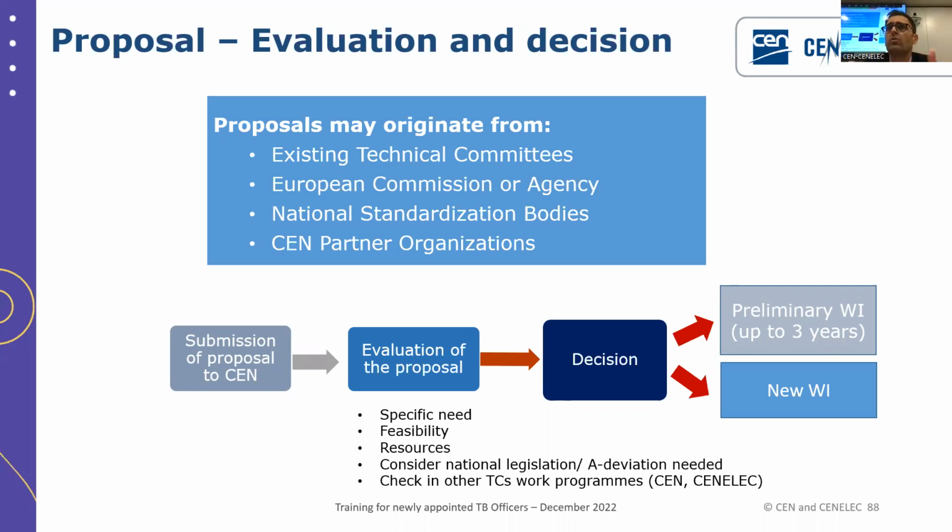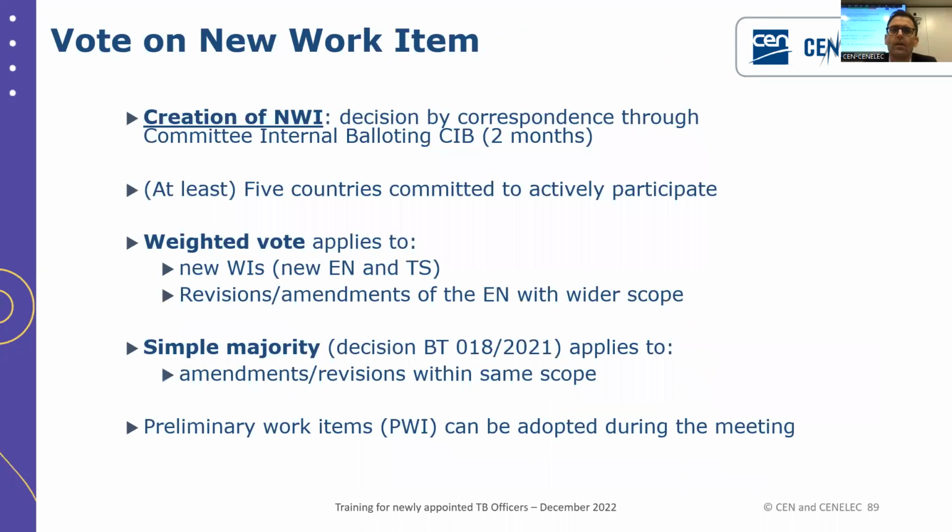In other words, the new work item is the identification number of the project, okay? The creation of a new work item always needs to be done by correspondence through the committee internal balloting. We call it the CIB, and it has a duration of 2 months.